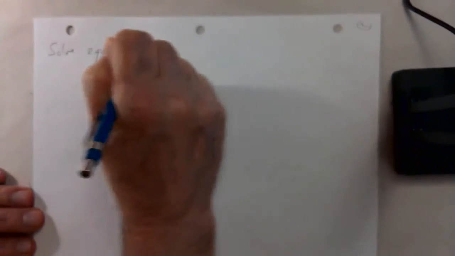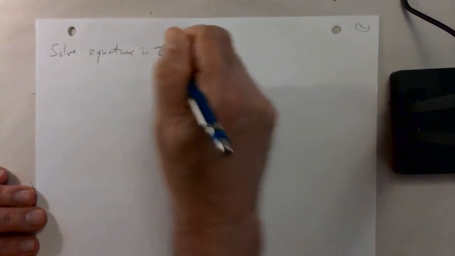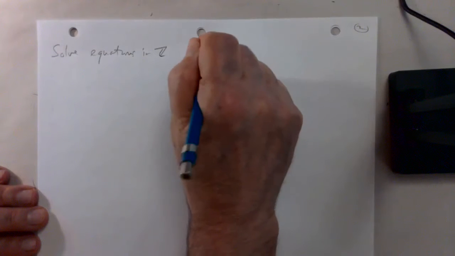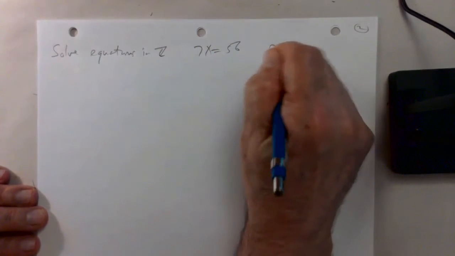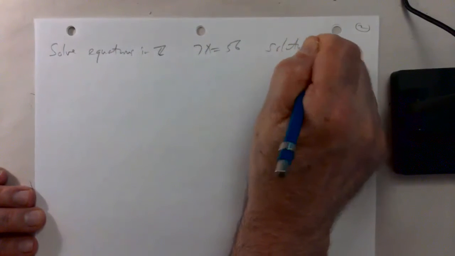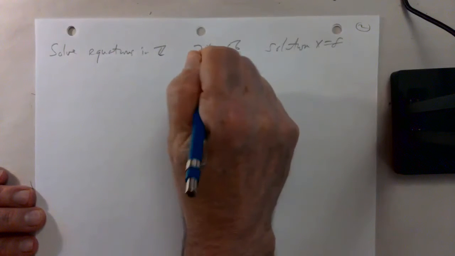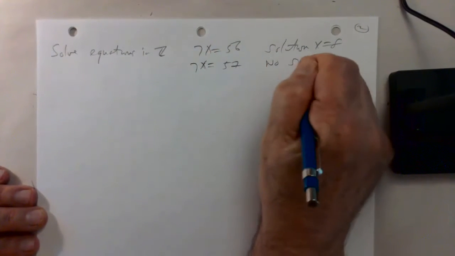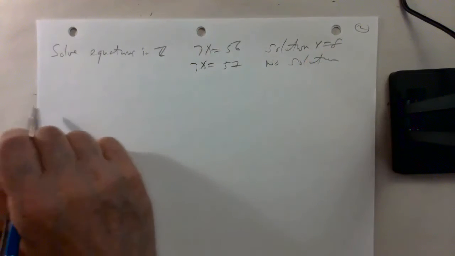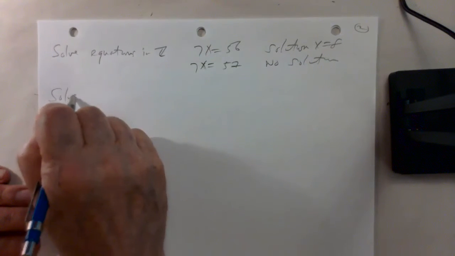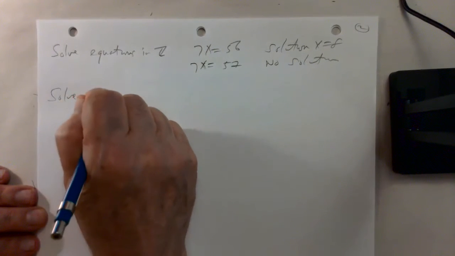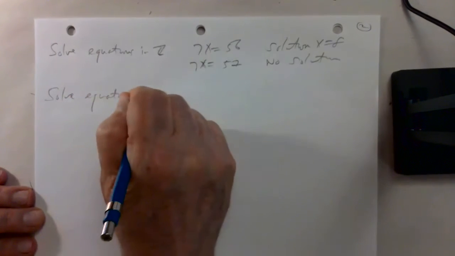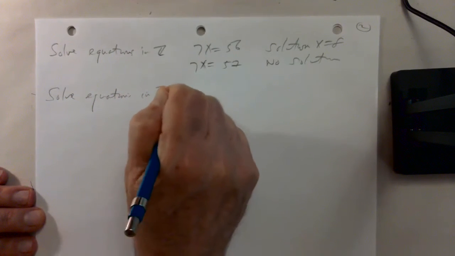Just the way we solve equations in the integers, for example, 7x equals 56, and the solution is x equals 8, or 7x equals 57, and there's no solution, we can also try to solve equations in Z mod MZ.